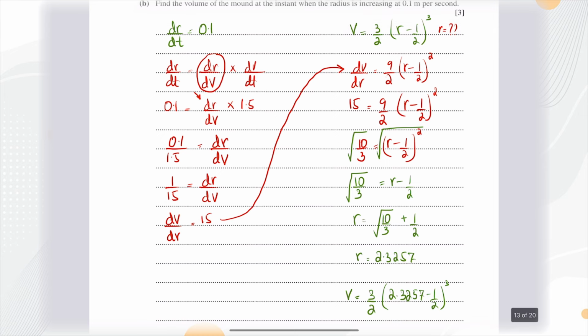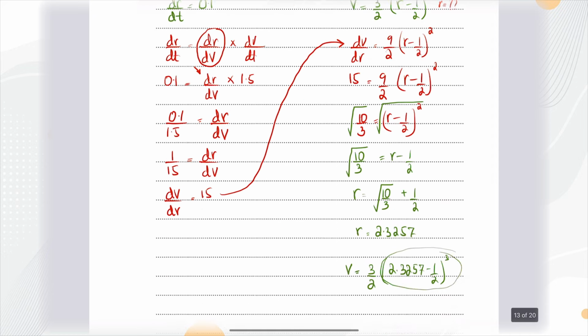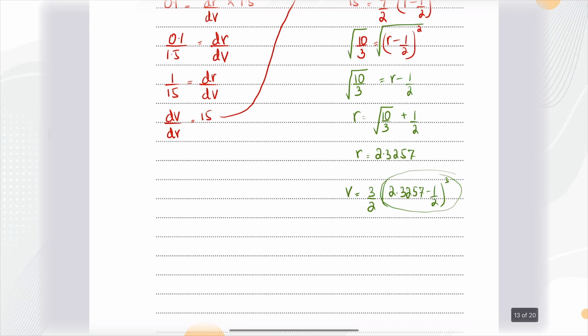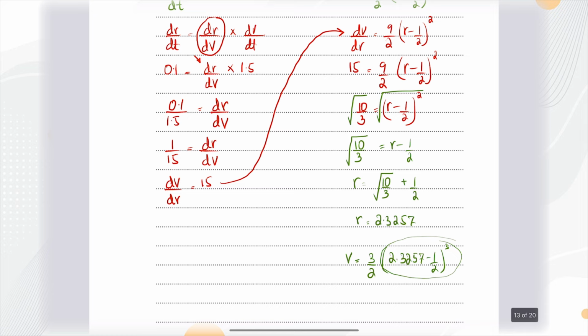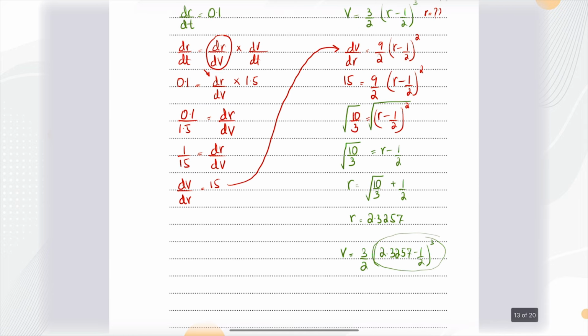So just use your calculator over here. First work out this portion, and then let's cube it. V equals 3 upon 2, and then the whole thing cubed, then you add minus 1 because it's written.